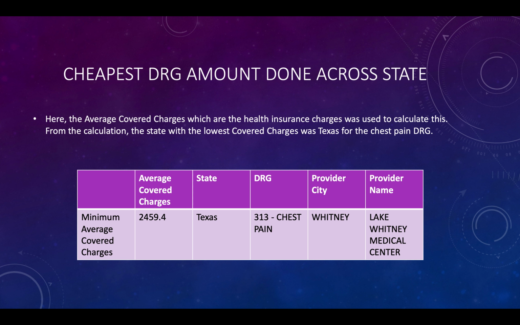So the patients have nothing to do with these charges. The third party or the insurance company covers these charges. And you can see that the lowest was chest pain. So insurance companies will be more willing to cover charges related to chest pain, because it's quite affordable.